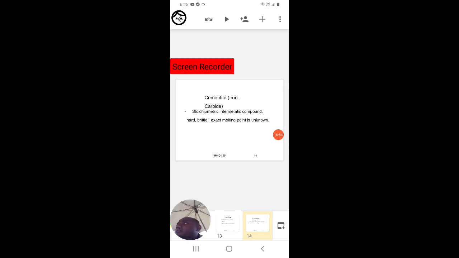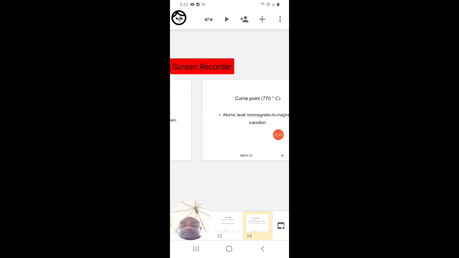The chemical form of cementite is Fe3C. It is the hardest material, a stoichiometric intermetallic compound, hard and brittle, with an unknown exact melting point. It is the hardest form in the iron carbon equilibrium diagram. Now the Curie point.